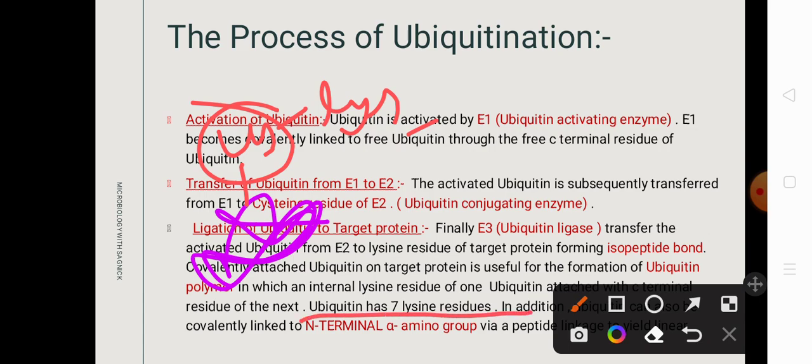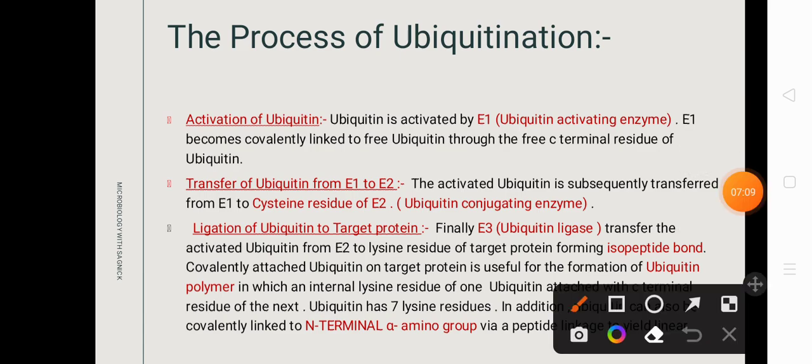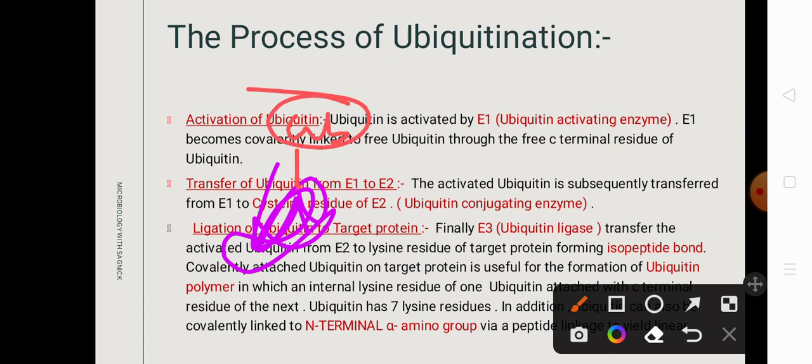Now this free internal lysine residue will interact with the C terminal of another ubiquitin. So that's how the entire thing is done. Once one ubiquitin is already attached, this ubiquitin has a lysine residue, right, which is for now free.